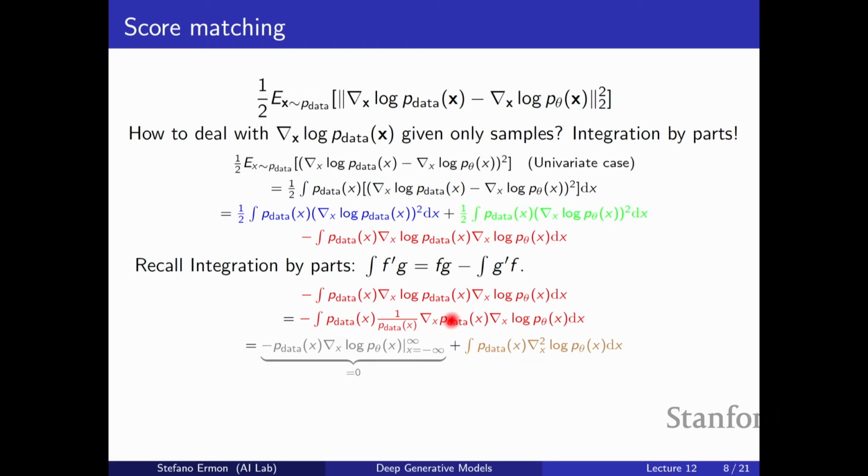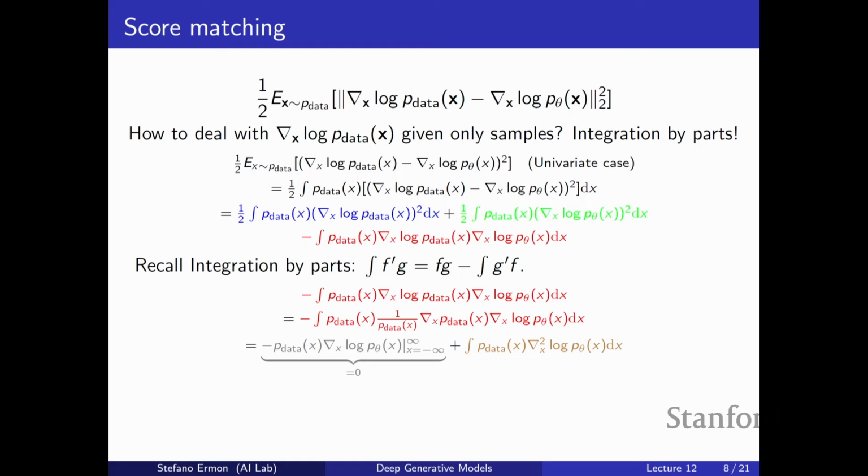So p data prime becomes p data. And then we take an extra derivative on the score of the model. And so we've basically rewritten it as an expectation with respect to the data distribution of a second derivative of the model score, essentially.